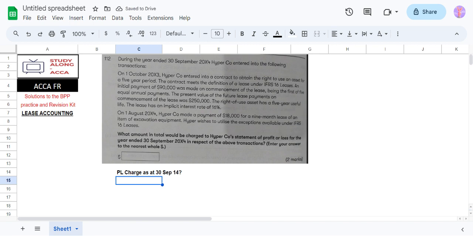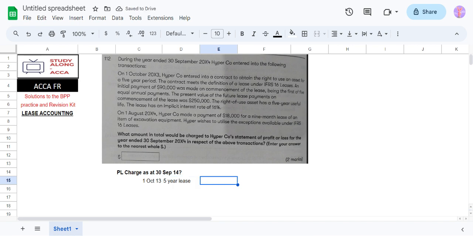During the year ended 30th September 14, Hyper Company entered into the following transactions. On 1st October 13, they entered into a contract to obtain the right to use an asset for a 5-year lease.